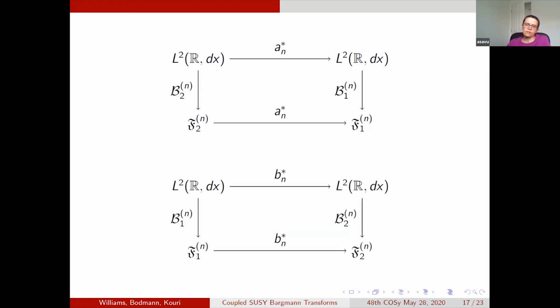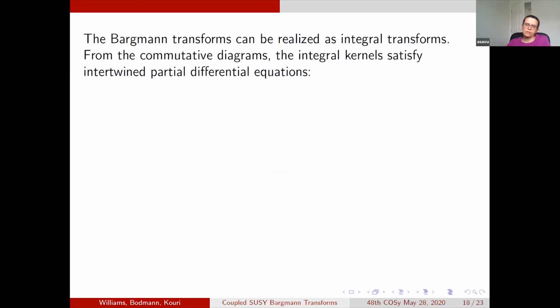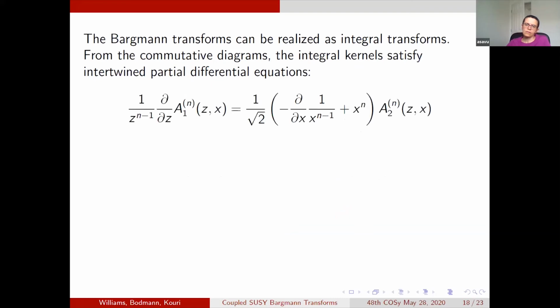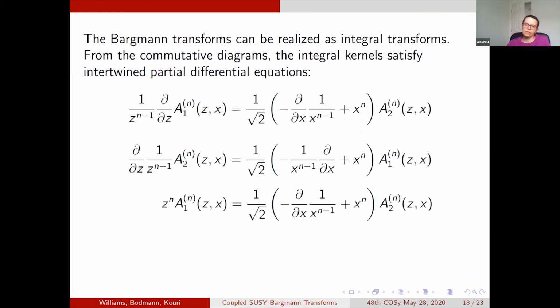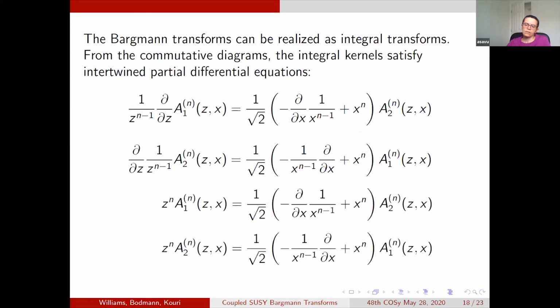And same thing with the adjoints. And what you get using some Riesz representation theorem arguments is they're actually integral transforms with integral kernels, and the integral kernels satisfy some really terrible partial differential equations. These are easy to find. What's not so easy is to solve these.